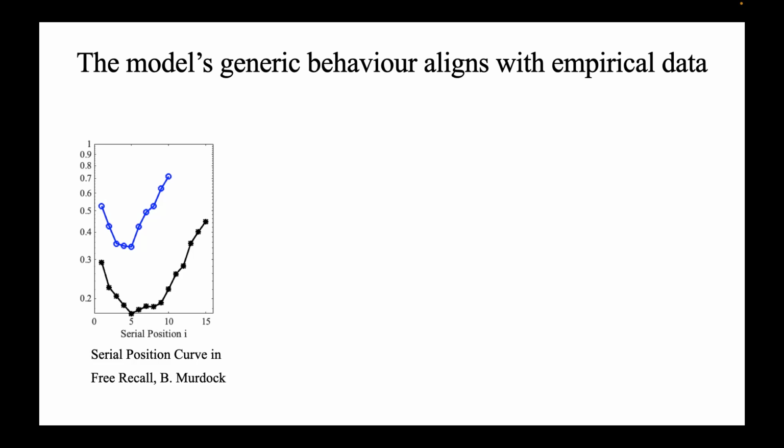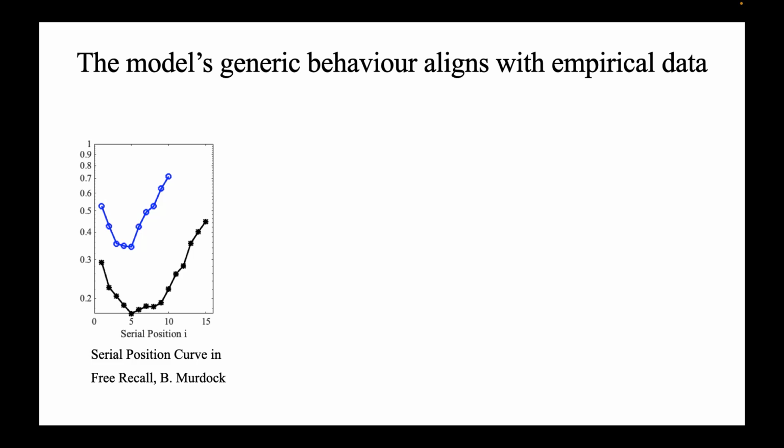Briefly, most of you will know what it is, but I will recapitulate it anyway. Participants are given a sequence of items they have to remember. Maybe there are 15 items or 10 items. You see on the x-axis the serial position i.